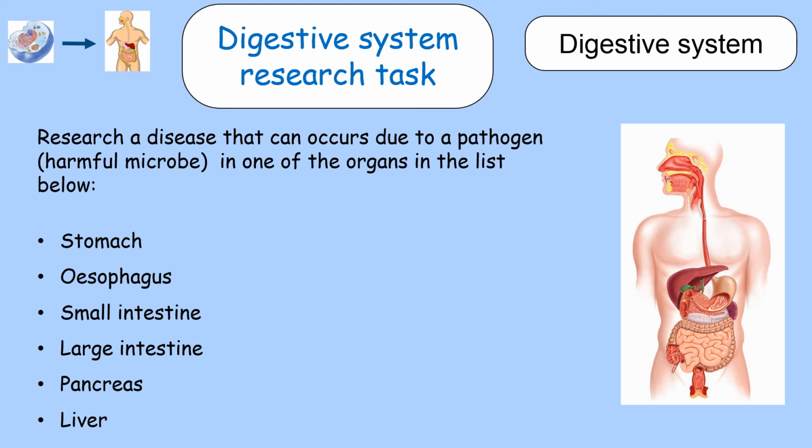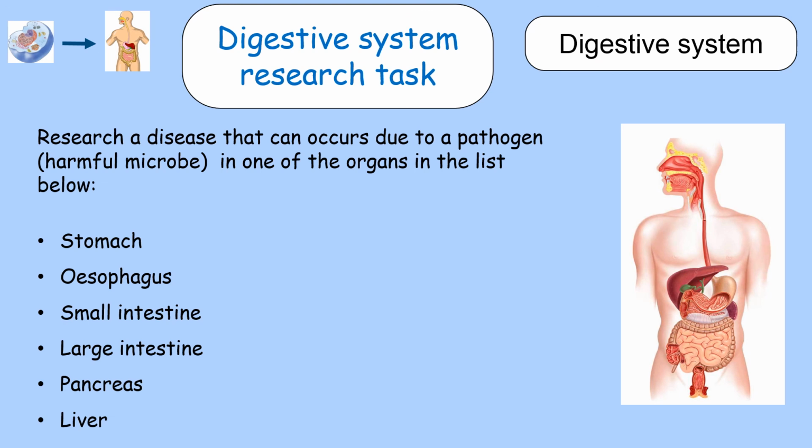And we want you to look at a disease that can occur in one of the organs listed below. So you don't have to choose all of these. You really just want to pick one of these. So the organs we've got here are stomach, esophagus, small intestine, large intestine, the pancreas, and the liver.